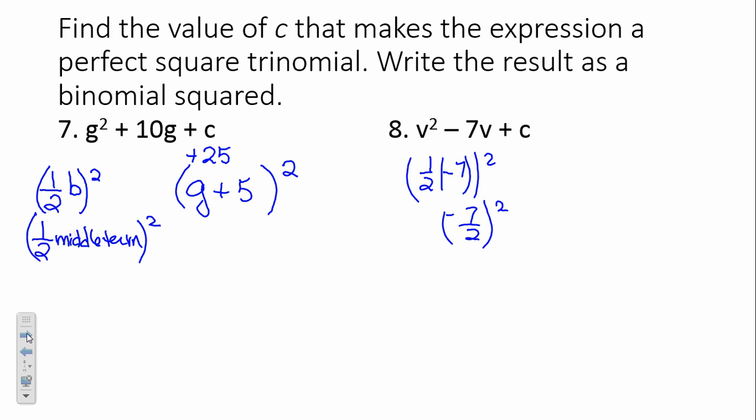And negative 7 squared is? And let's not give it as a decimal, just leave it, because most of the standardized tests are going to leave them as fractions. So 7 squared is 49. 2 squared is 4. So leave it as 49 fourths. Okay? So 49 fourths is our c.